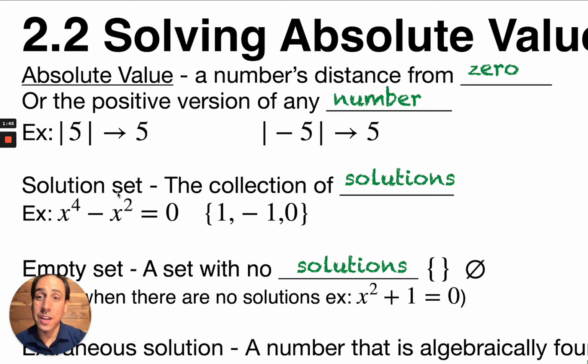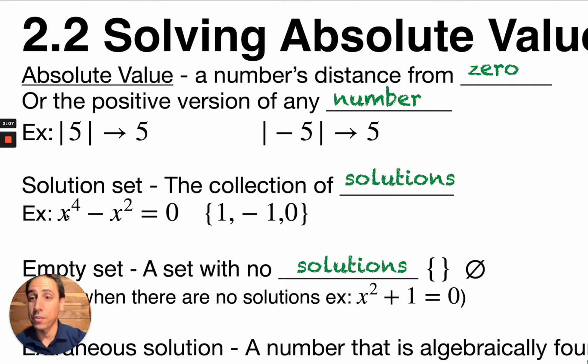The solution set is often going to be what we're asking for, which is just the collection of solutions. You can see these curly brackets, not square brackets, not straight brackets, but curly brackets is a set. It's just a collection. If you're finding the solution set, then you put all the solutions into this set.